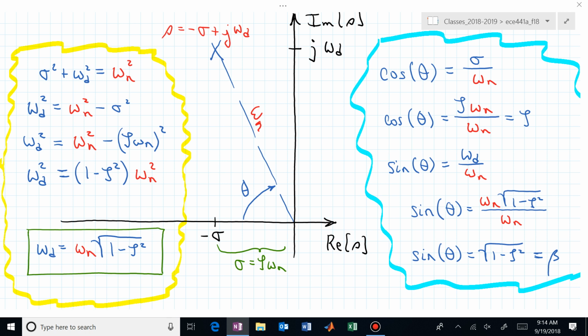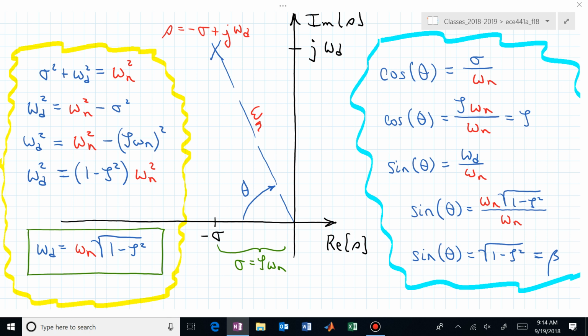The cosine of that angle theta is adjacent over hypotenuse, sigma over omega sub n. But we know that sigma is zeta omega sub n. And that now allows us to say that cosine of theta is actually that damping ratio zeta.